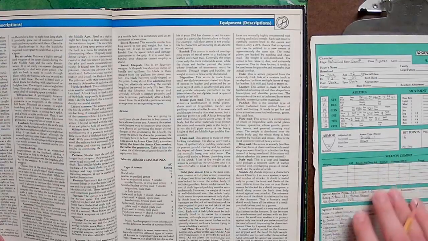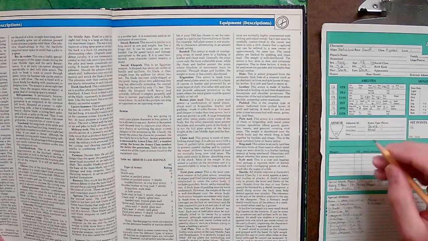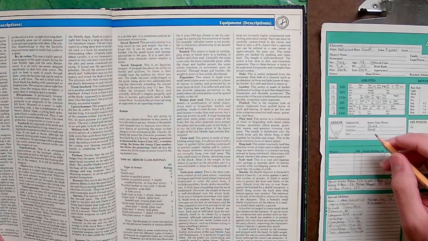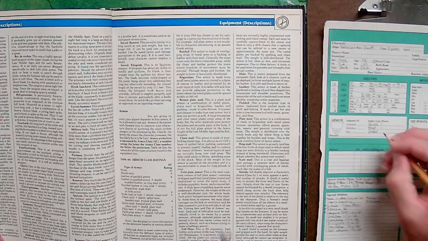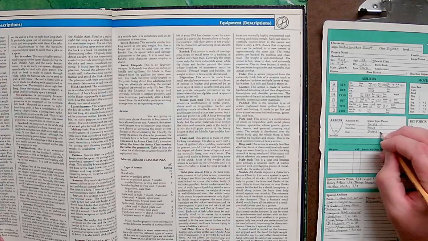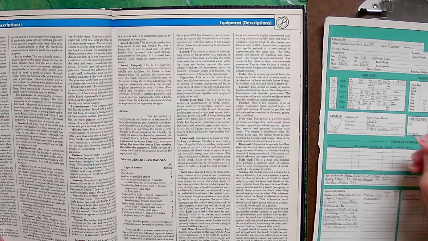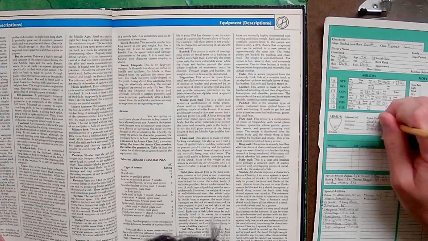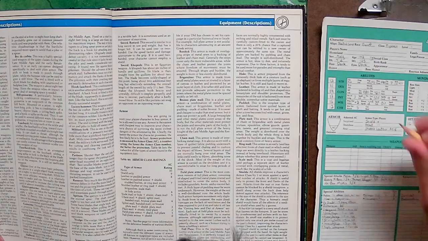Leather armor, leather plated, I think. Studded leather, okay. Studded leather. That's an AC of 6. I forgot the shield is included. It's a bundle special.